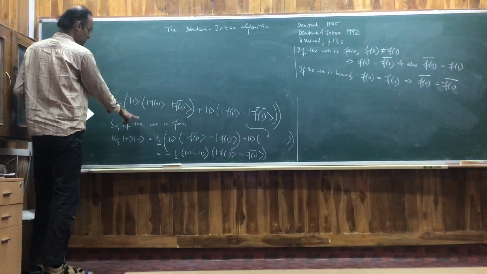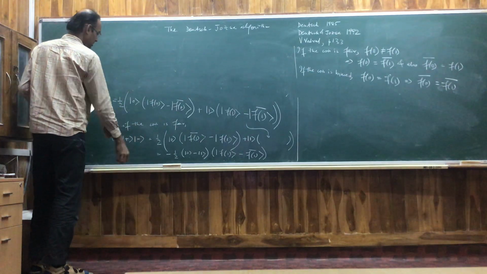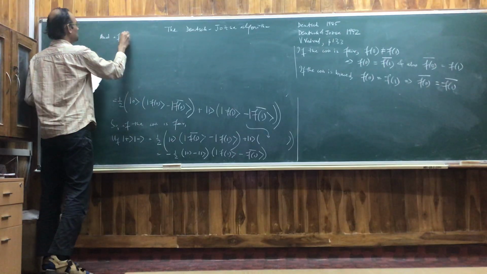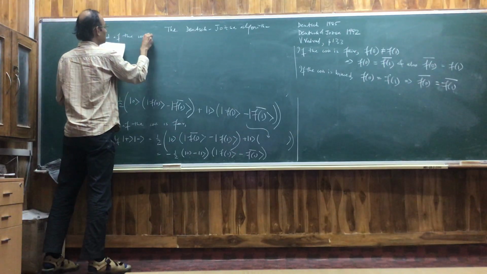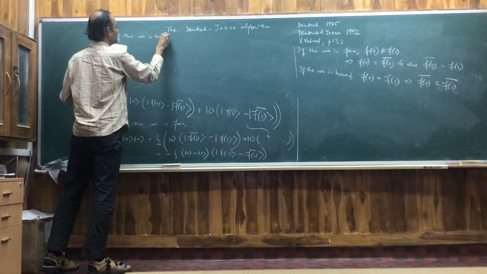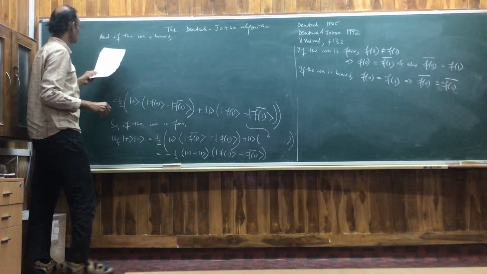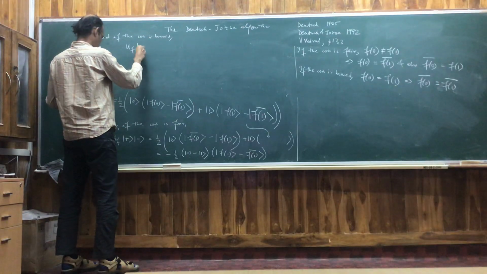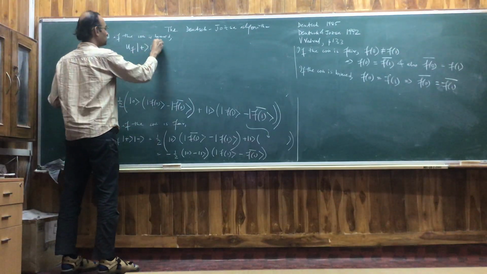This was the general case. This is the case when the coin is fair. Now, if the coin is biased, we start with the same thing.